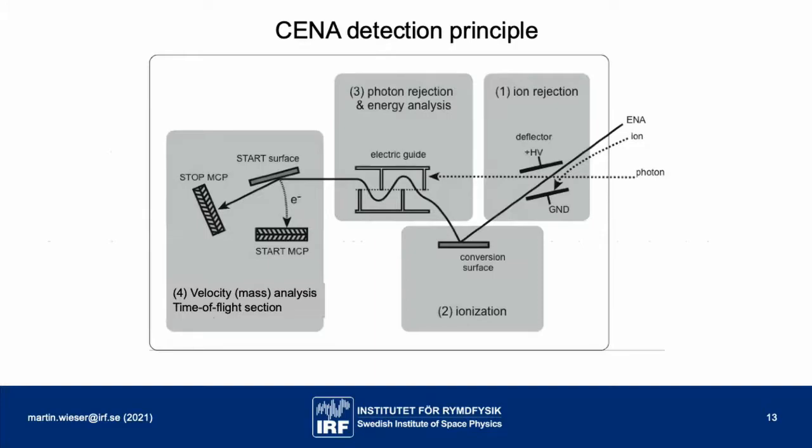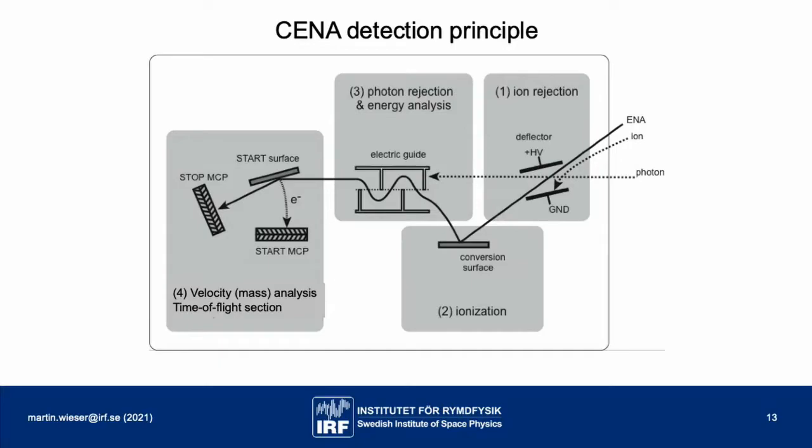So in general, one has to first reject particles which are unwanted in the detection process. And this is group 1 here on the top left, where first ions have to be rejected up to as high an energy as is affordable. In the case of the CENA instrument, ions up to about 10 keV are rejected in this ion rejection section.